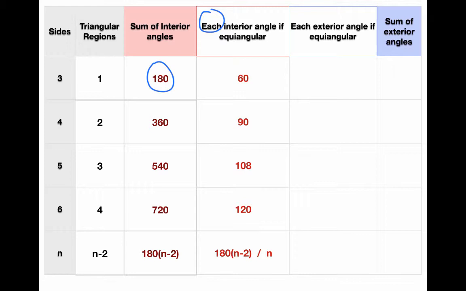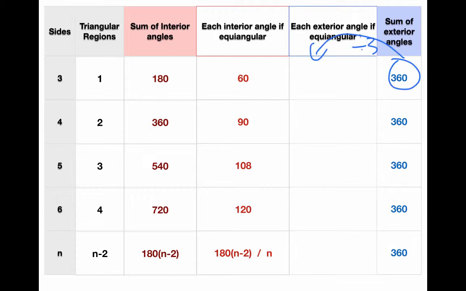Awesome. Okay. Each exterior angle, if it's equiangular, is going to depend again on the fact that they all add up to 360. So if we have a sum of 360 and we divide that evenly by 3, each exterior angle is 120.